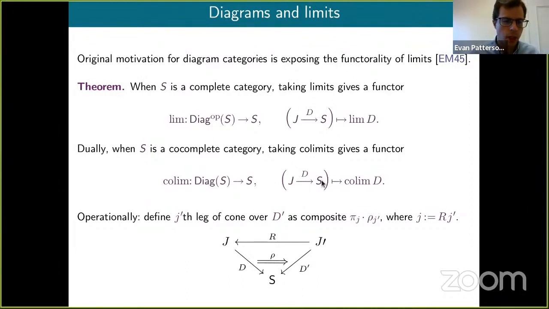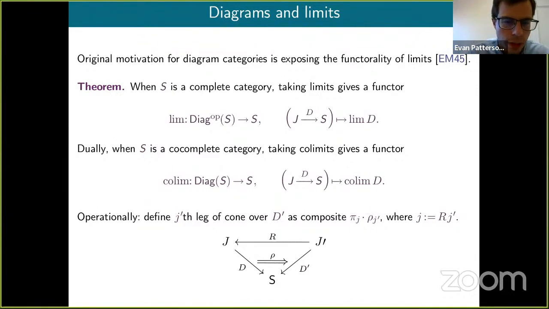Okay, well, it's actually fairly intuitive what to do here. So how would you actually operationalize this first statement about Diag^op and limits? In order to give a map into the limit of D', I need to give a cone over D'. And so how do I do that?